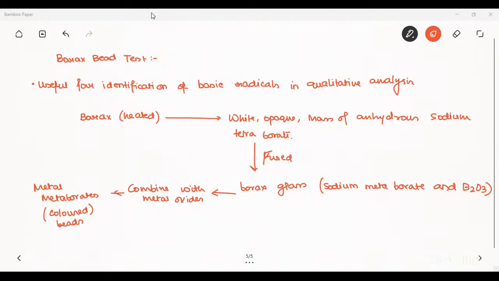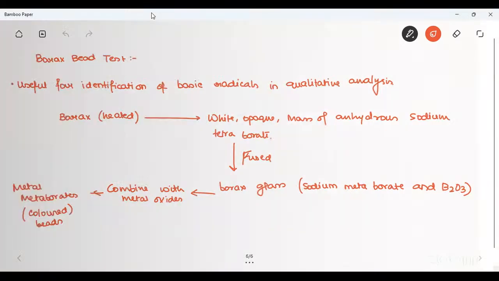So now the reactions of the borax bead test. First, write the formula of borax: Na2B4O7·10H2O.